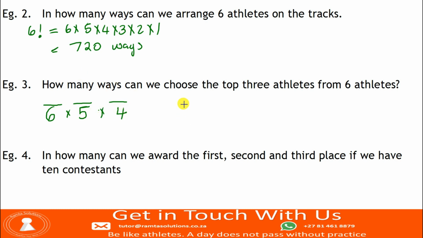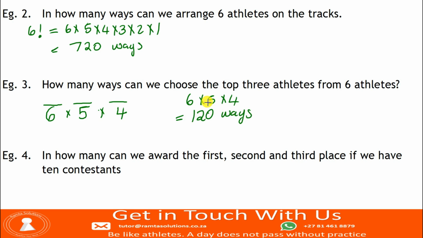So this answer will be 6 times 5 times 4, which is 120. Let's check. 6 times 5 times 4. Yes, it's 120. So our answer is 120 ways.